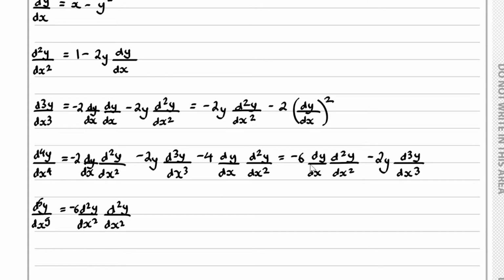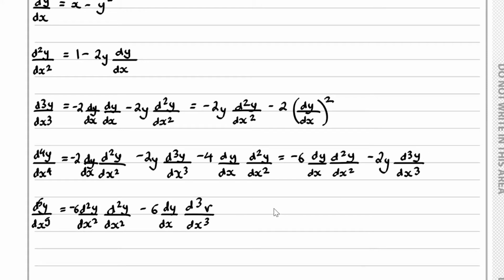So we have v u dash plus u, which is minus 6 dy over dx, times by v dash. So differentiating this, we end up with d cubed v over dx cubed. Okay, and we've also got these other terms over here, which we need to differentiate again with the product rule.